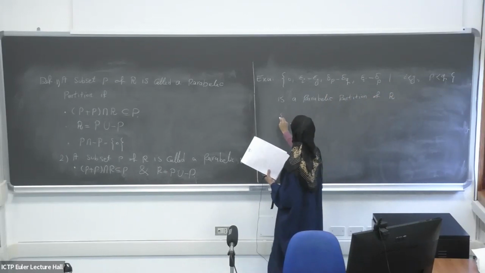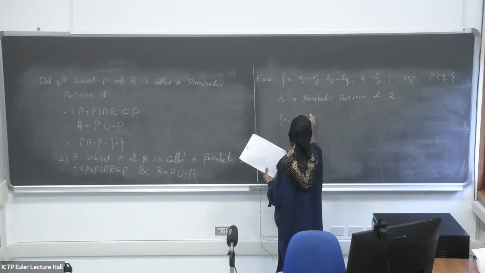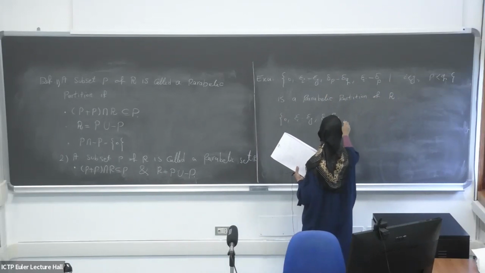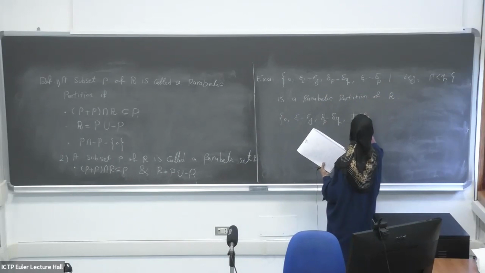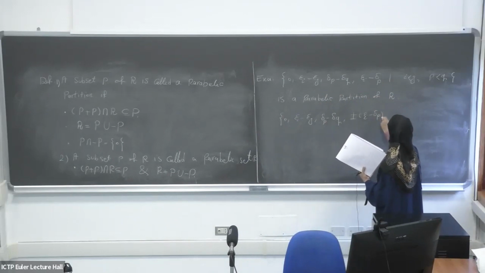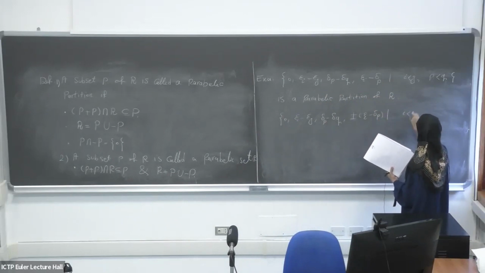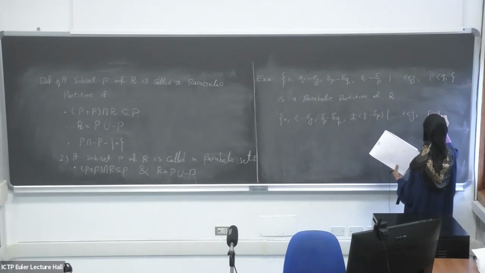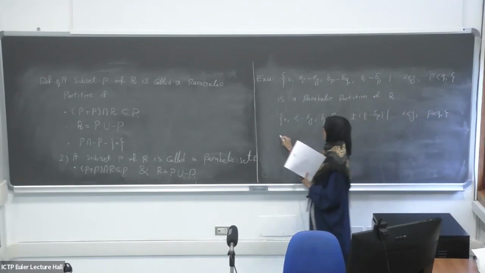And 0, epsilon i minus epsilon j, delta p minus delta q, plus or minus epsilon i minus delta p is a parabolic set.